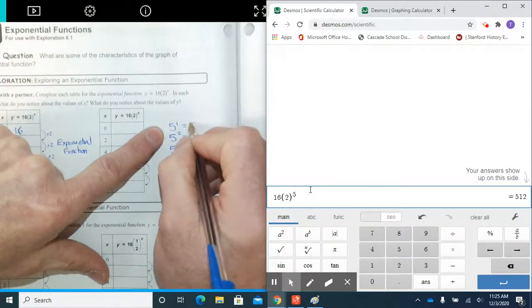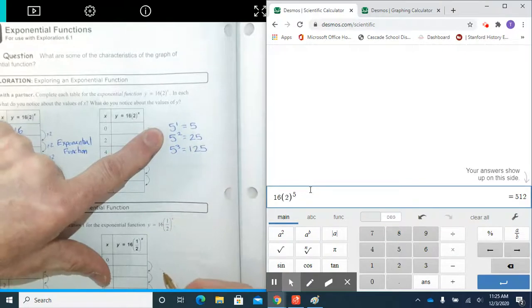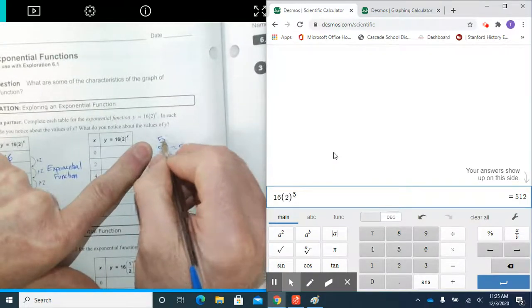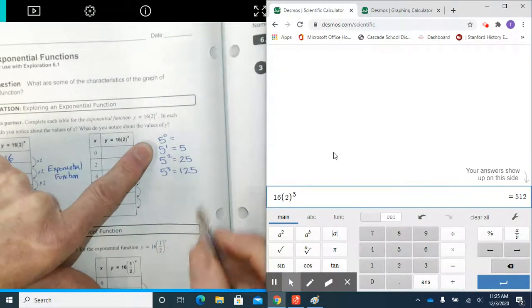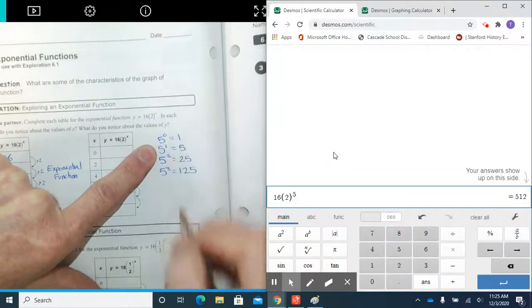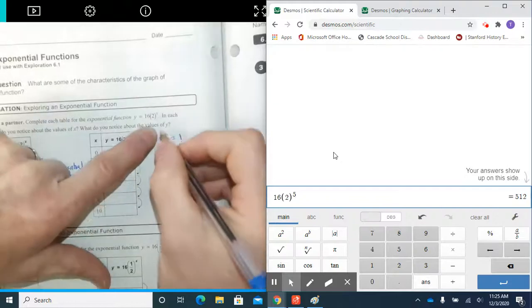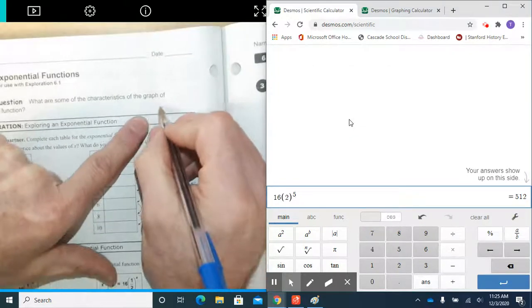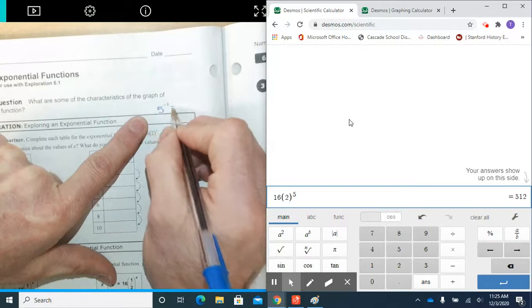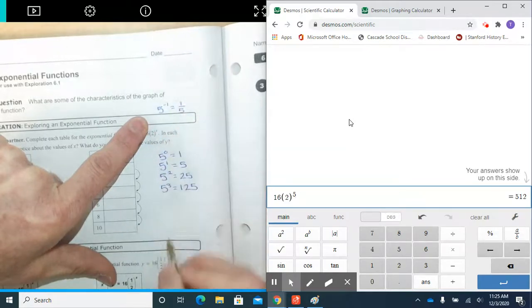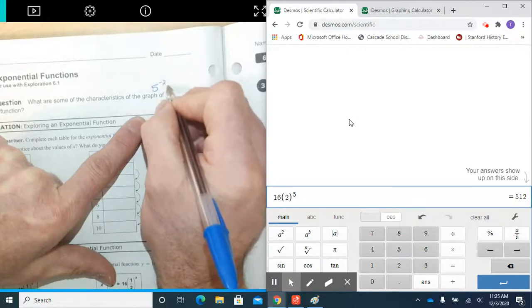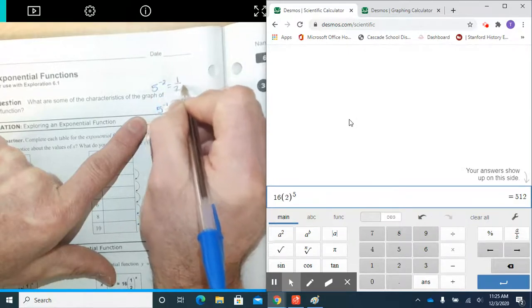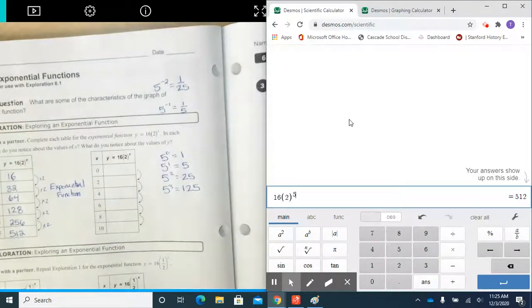Well, anything to the first power is itself. And 5 to the 0 power, don't forget this is not 0, this is in fact 1. And then we can go into negative numbers. Let's say 5 to the negative 1 is 1 over 5. 5 to the negative 2 power is 1 over 25.